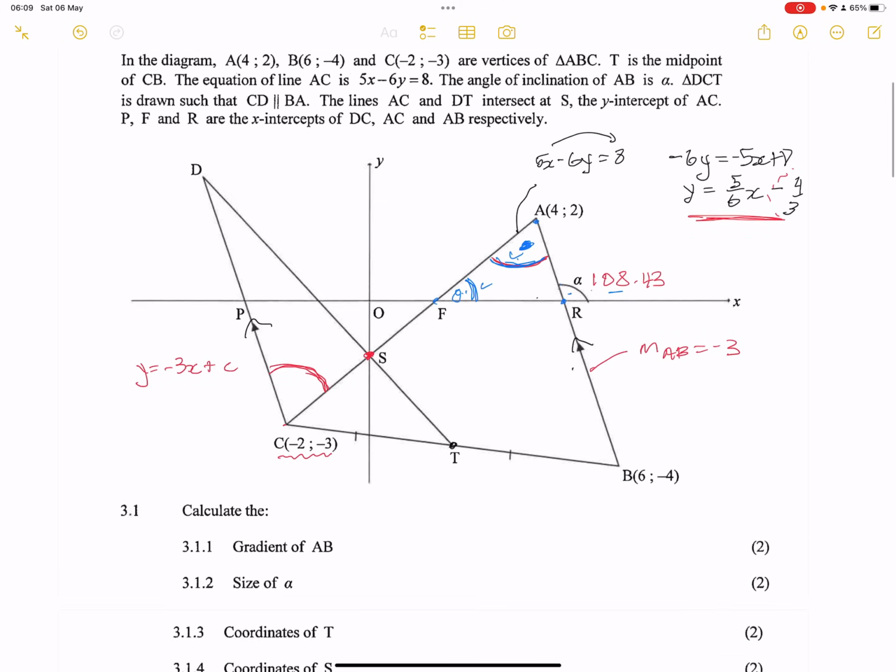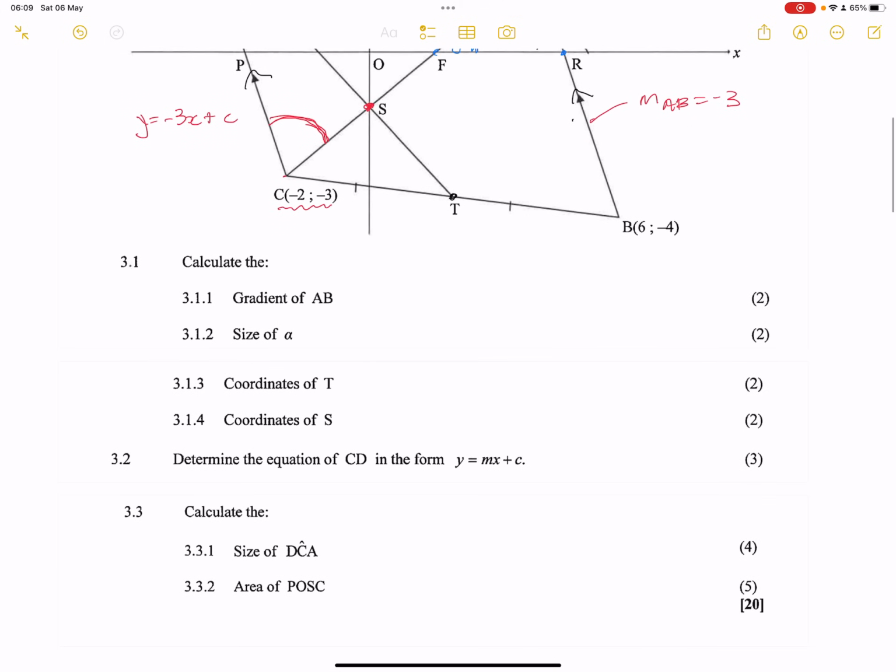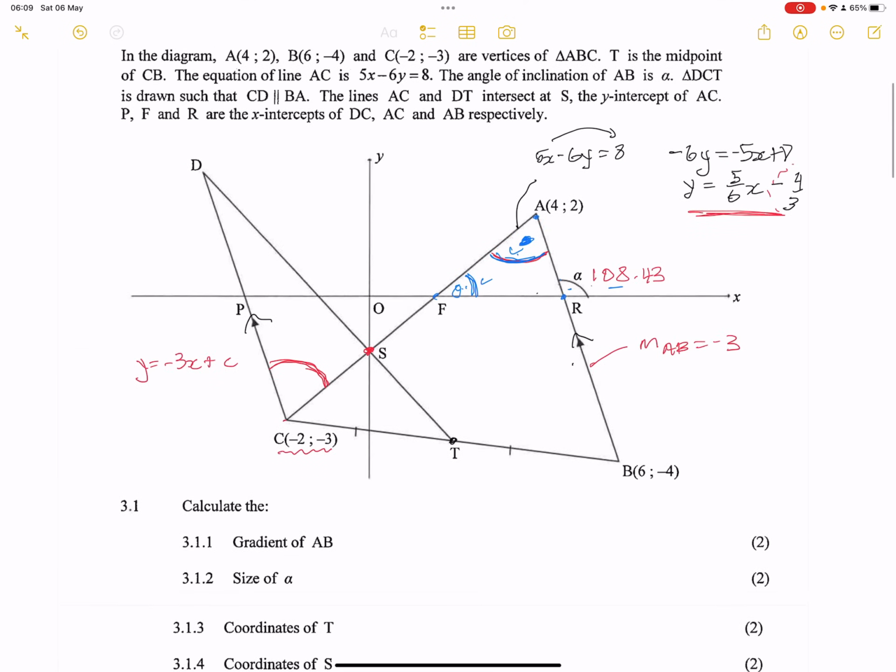The last question asks us to calculate the area of triangle POSC. So let's check where that is.